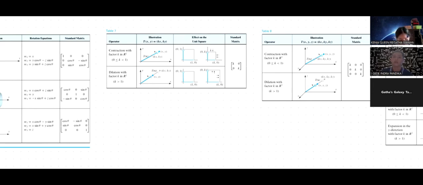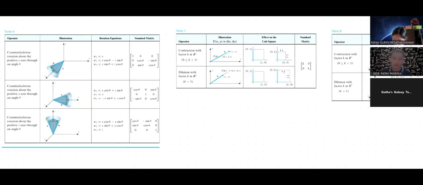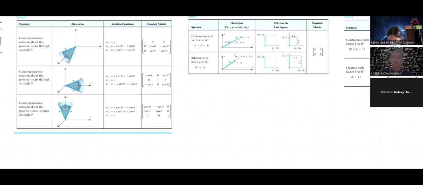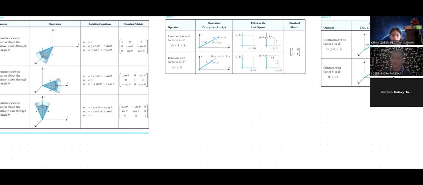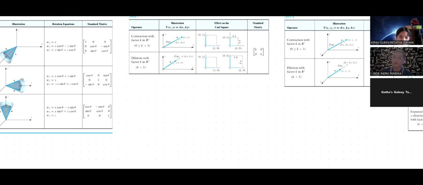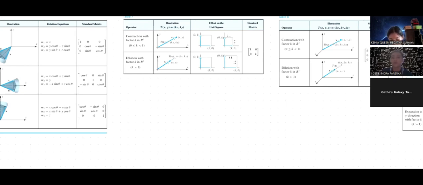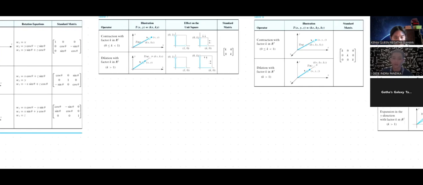The last one is counterclockwise rotation about the positive z-axis by angle theta. That means in our equation we have to change the value of w3 to equal z, and the standard matrix will be like this.